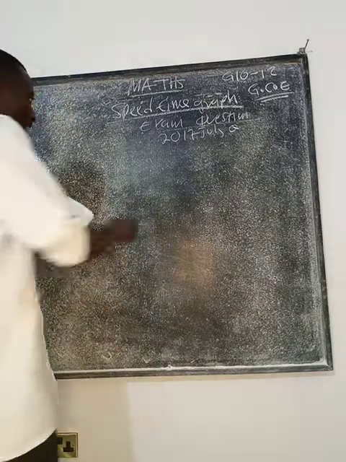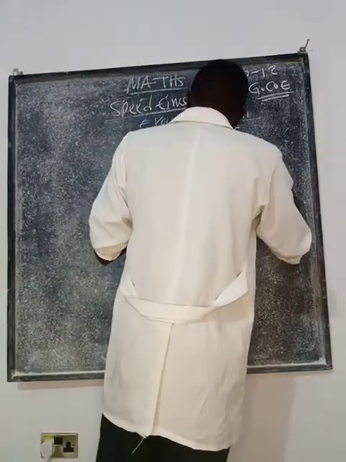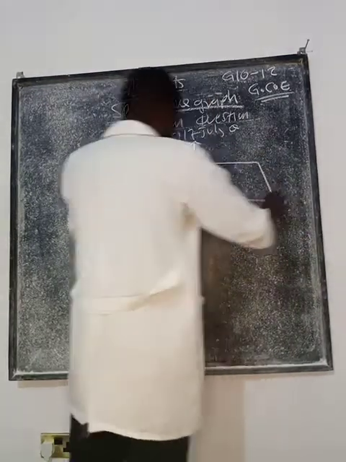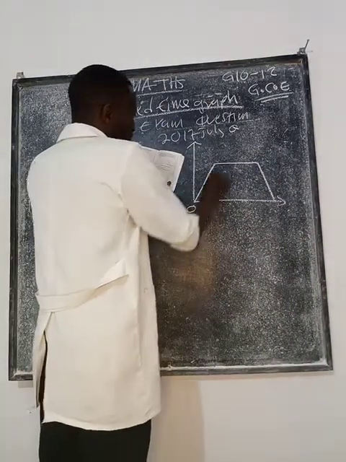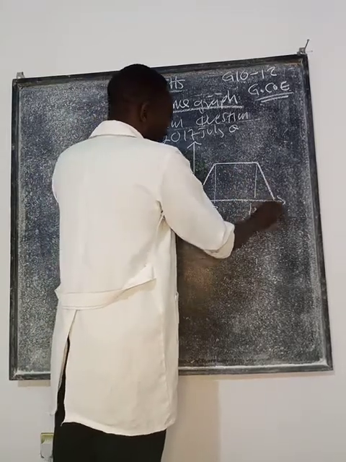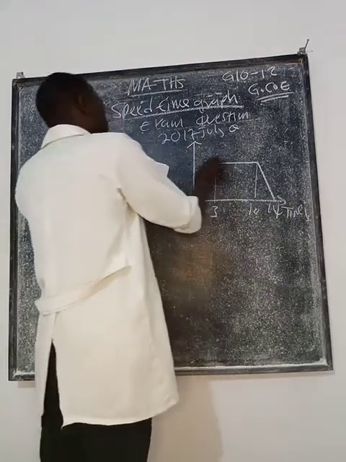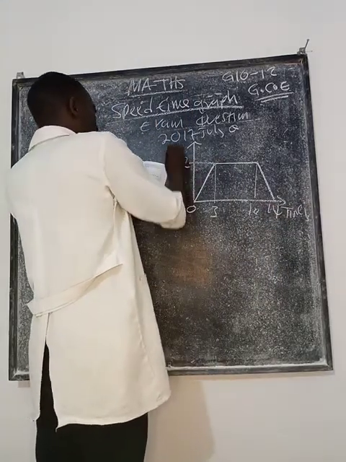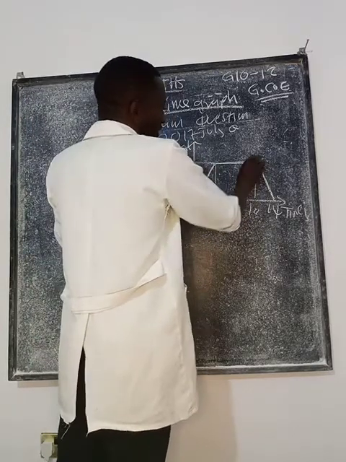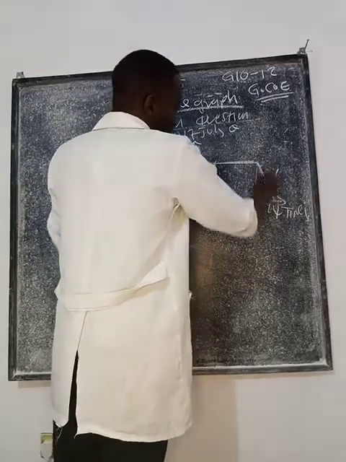The graph has 0, 3, 10 and 14 on the time axis. The person accelerated, then constant speed, then deceleration.